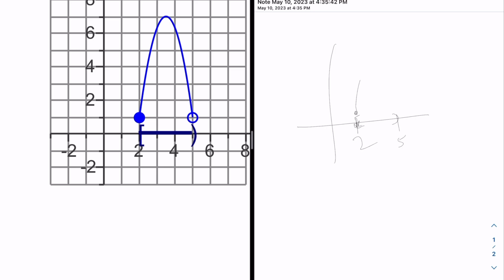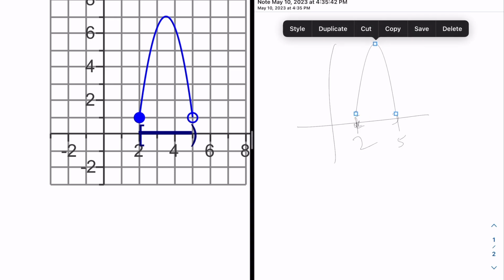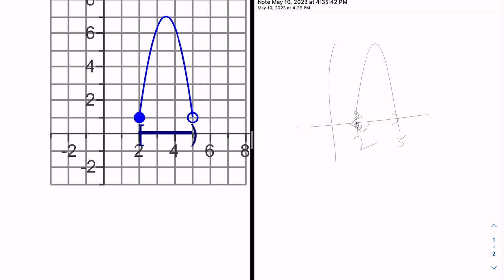So our graph is like this, right? And here 2 is included because of this bracket. The question is asking us just to write the x-axis interval. So the x-axis interval is 2 to 5. 5 is not included, 2 is included. So this is our answer.